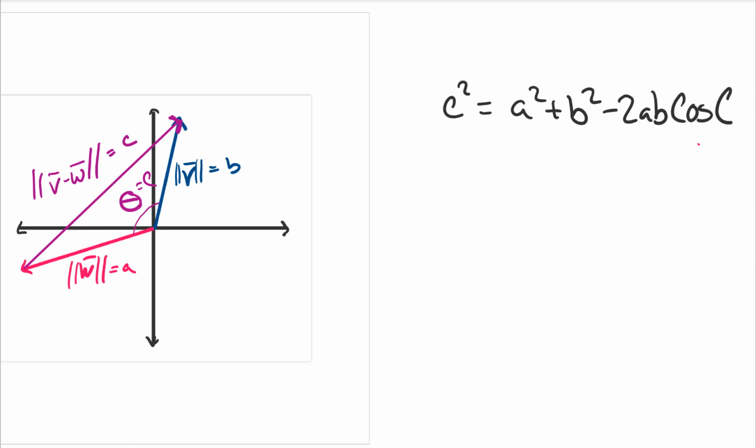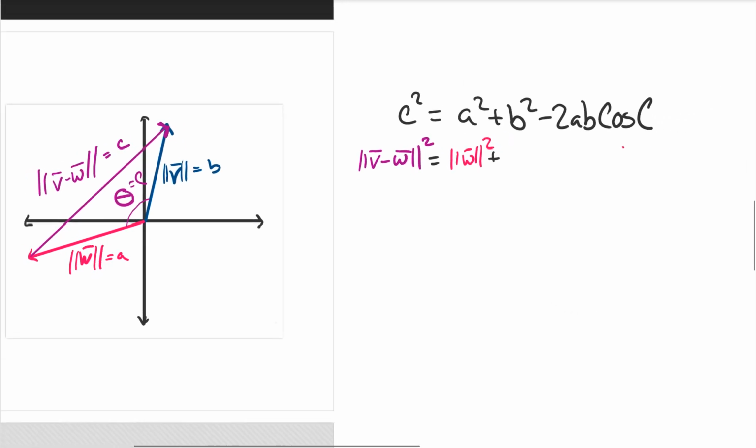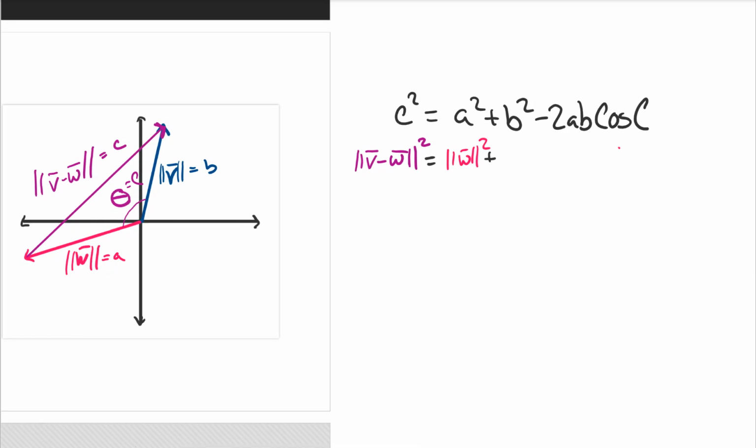So instead of writing in C, we're going to write in the magnitude of vector V minus vector W. This is going to get long, but we're going to make it through. We're going to square that and set it equal to A squared, that's the magnitude of vector W squared. Then we're going to add that to the magnitude of vector V squared.